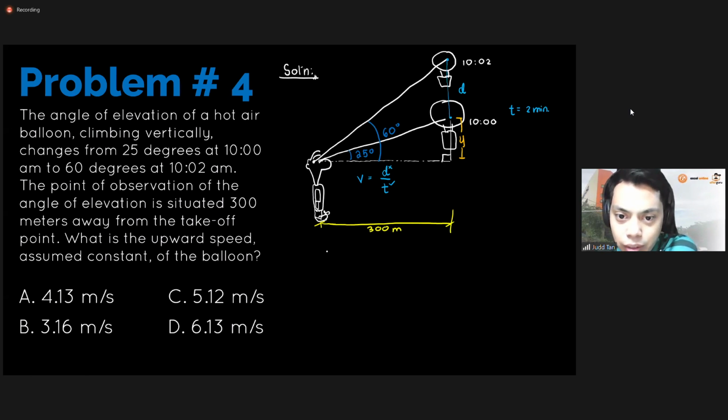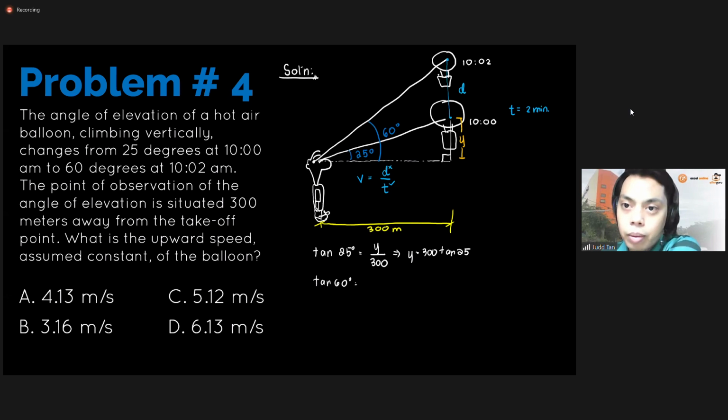Tangent of 25 degrees is equal to opposite over adjacent. All right, that's y is equal to 300 tangent of 25. Okay, next. Tangent of 60 is opposite.